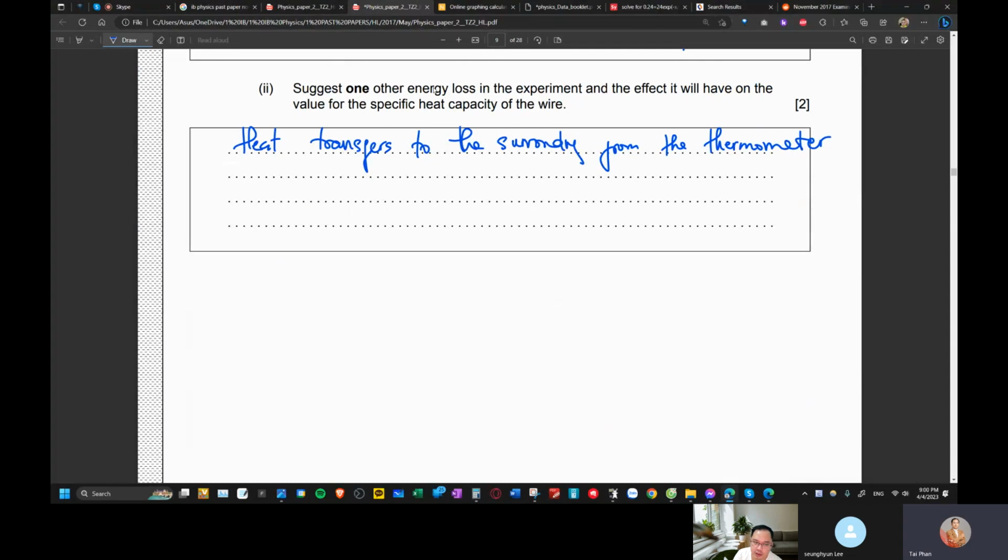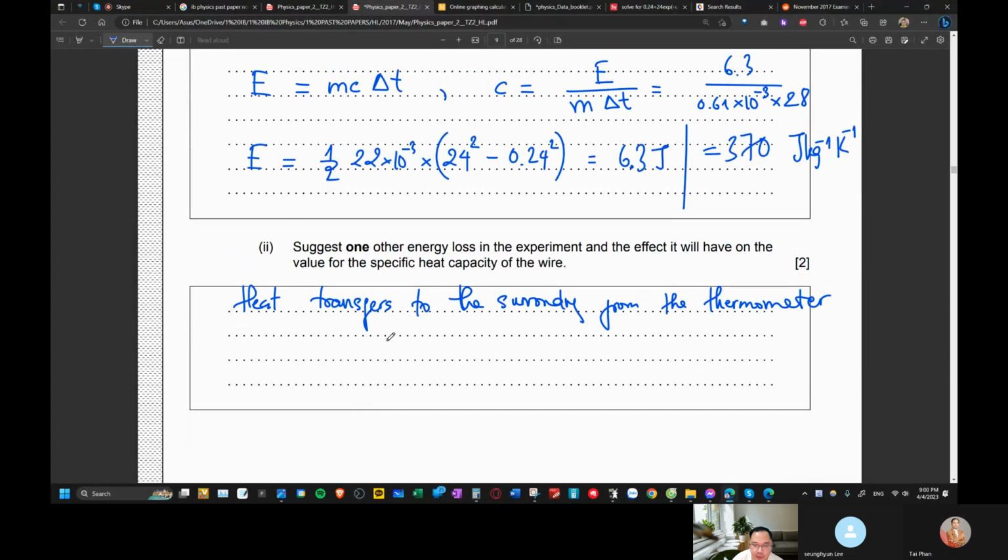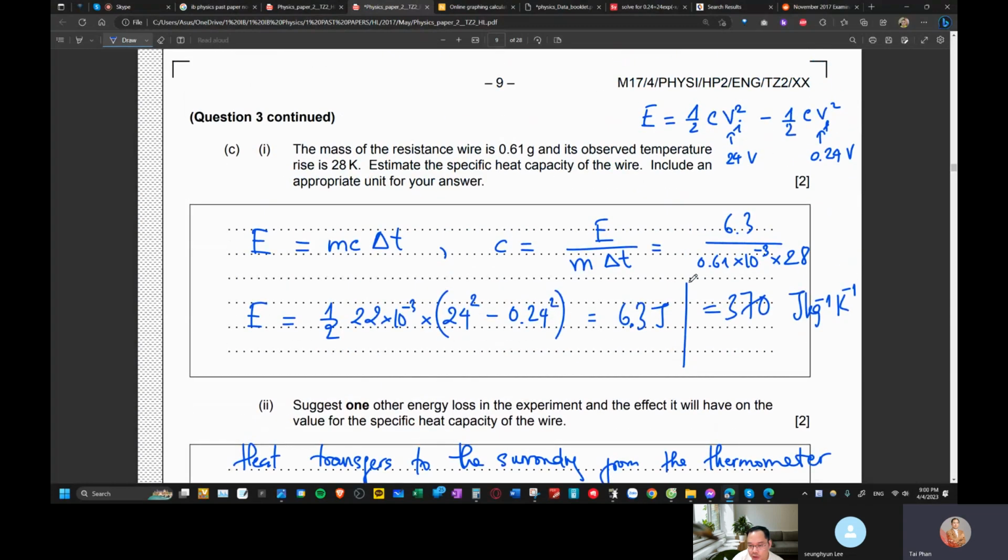And the effect on this calculation of the specific heat capacity: here we use the energy 6.3 joule with the assumption that there is no energy loss, 100%, but in reality the real value is lower than 6.3, and therefore the heat capacity must be lower.